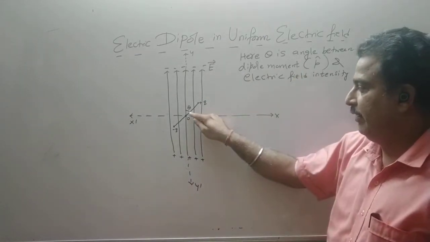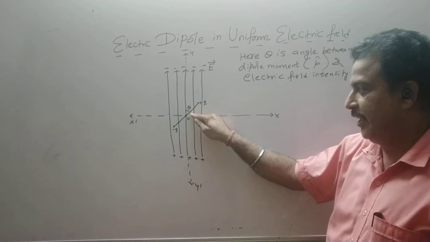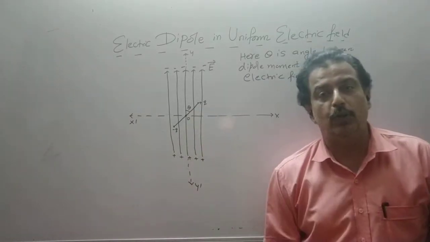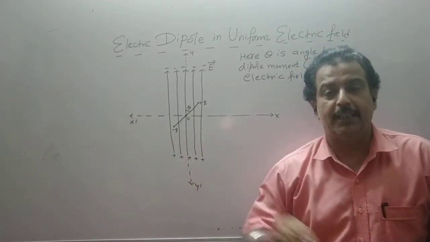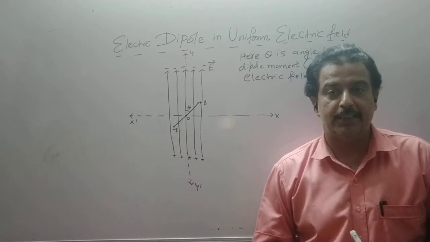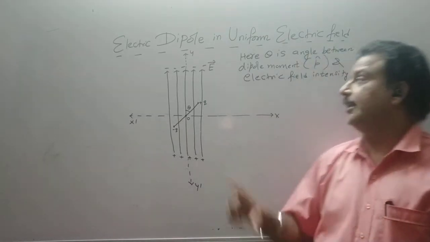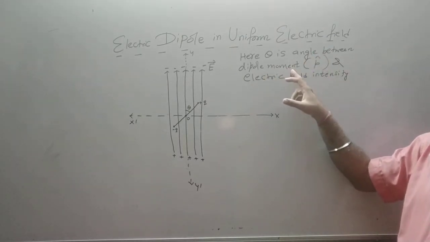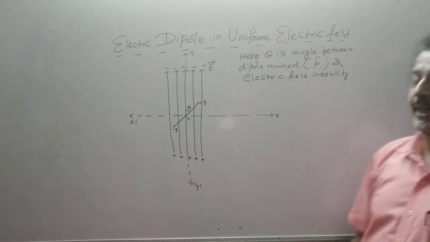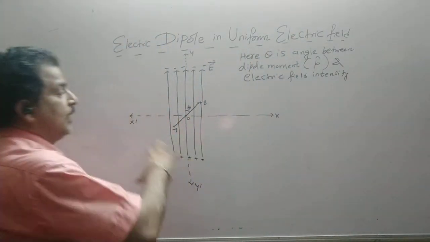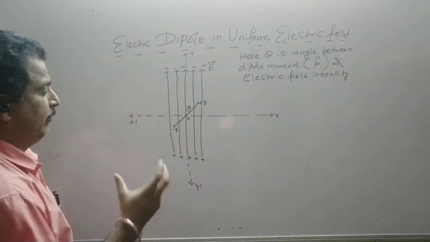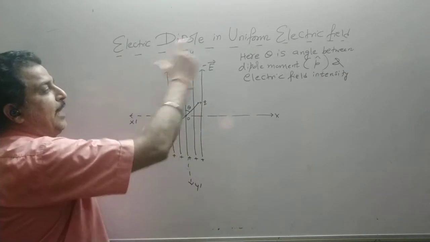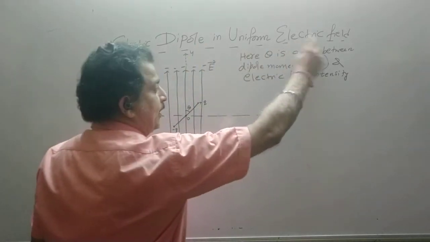But if this is given as 60 degrees, then in the calculation theta should be taken as 30 degrees and not the 60 degrees. So you have to remember that theta is the angle between P cap, the dipole moment, and electric field intensity.